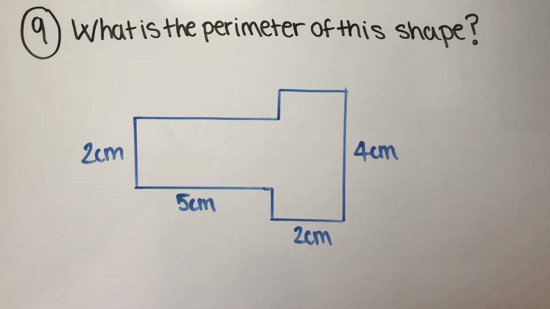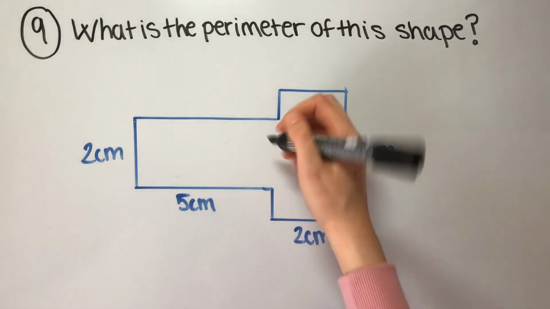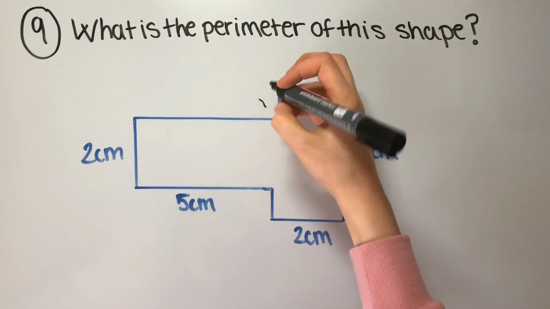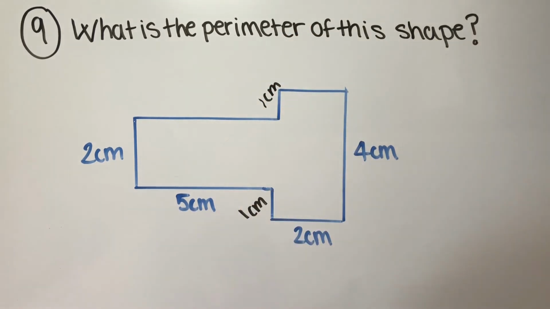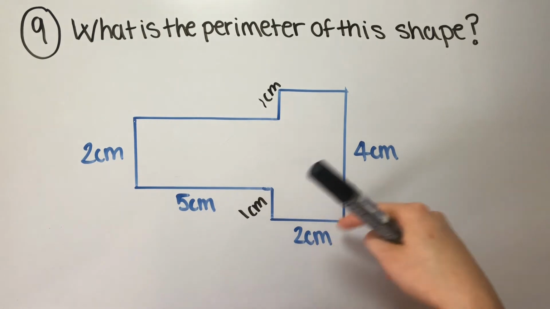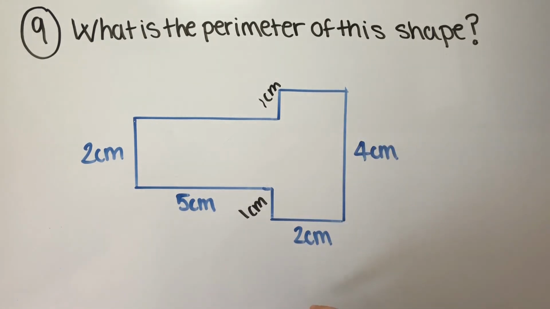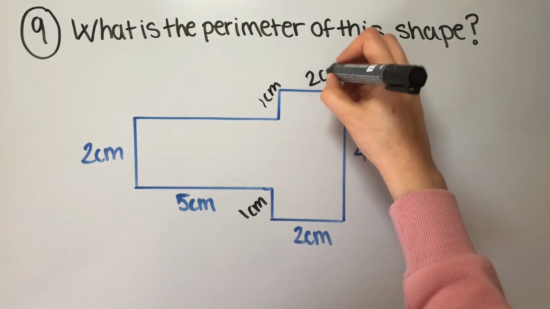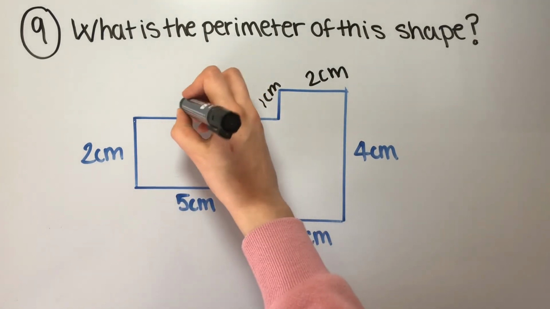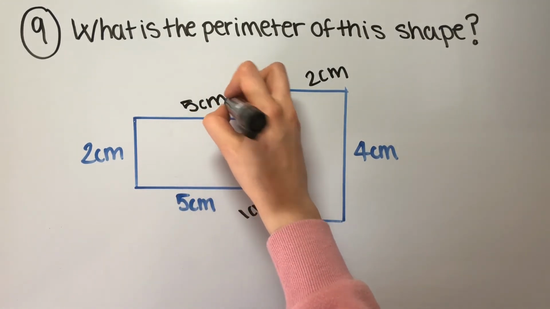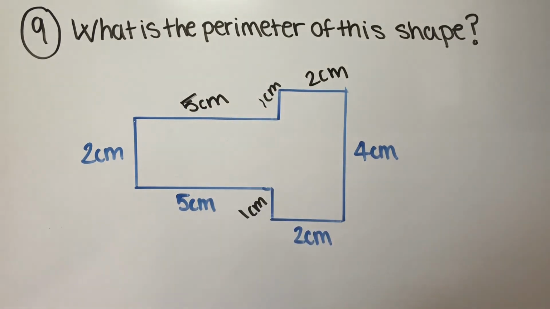So 2 divided by 2 is 1. So each of these little sides is 1 centimetre. And because this is a rectangle, we know the opposite sides are the same. So this is 2 centimetres, and here is 5 centimetres. So on this side would also be 5 centimetres.